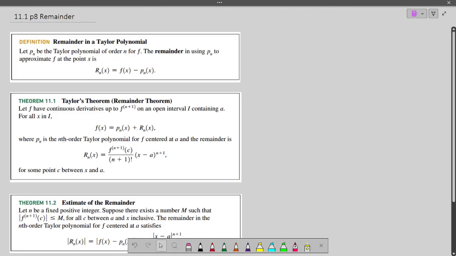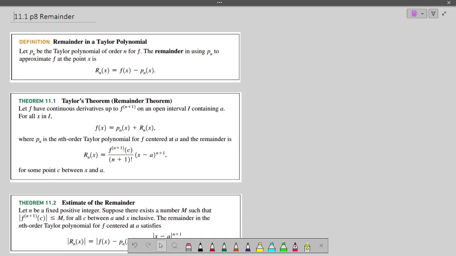So just like in chapter 10, where we had a convergent series, we defined a partial sum and we defined a remainder. Same idea here. P sub n is the partial sum. It's the Taylor polynomial. And if it converges, we're going to say that it converges to the function f.